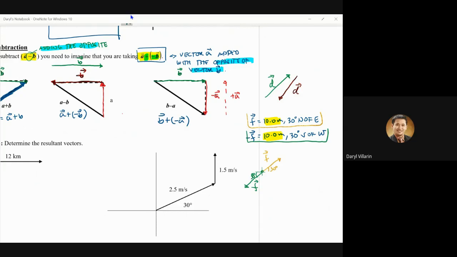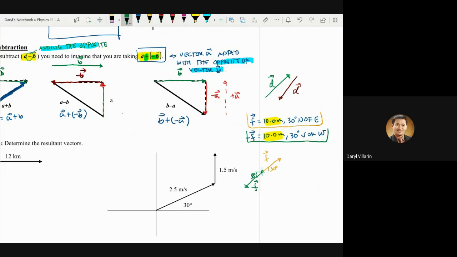Again, don't be tempted. Let's say, for example, in this case here, I specifically gave the direction 30 degrees north of east. If I have a negative vector of f, just don't place negative 10 here, okay? Because remember that it is in between south and west. That's okay if you're just talking about north, 10 meters north.